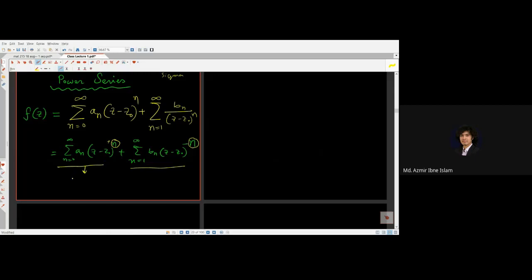The positive power series is called the analytic part, and the negative power series is called the principal part. The analytic part is also known as the Taylor part, or Taylor series, and the principal part is known as the Laurent part. Combinedly, we can say the total power series is known as the Laurent series.